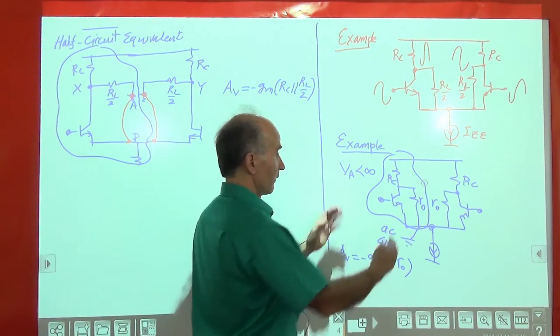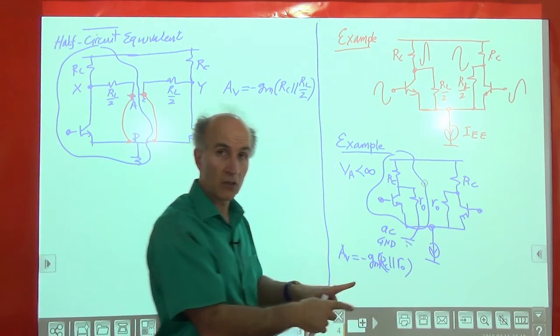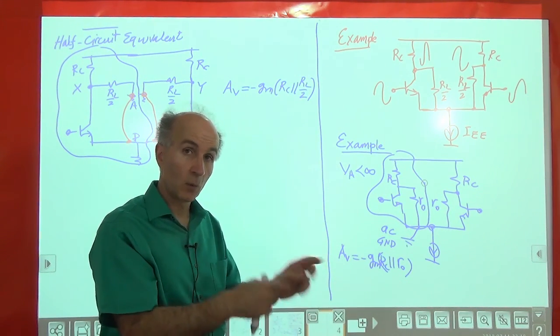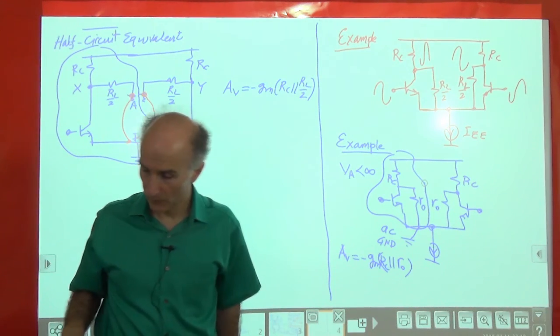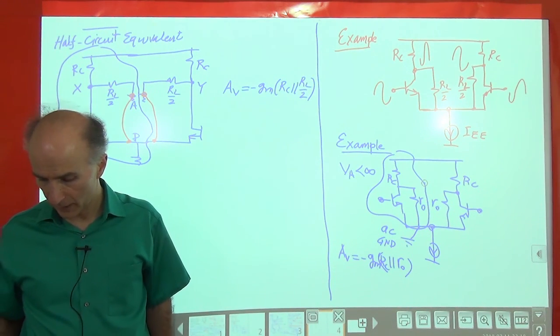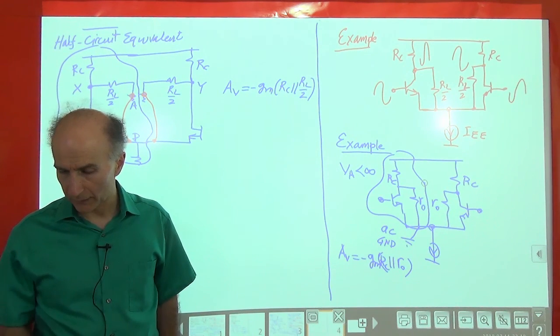In other words, we found the voltage gain of a simple common emitter stage from electronics 1 with RO included and used that here. Okay, so that's what we get in this case. All right.